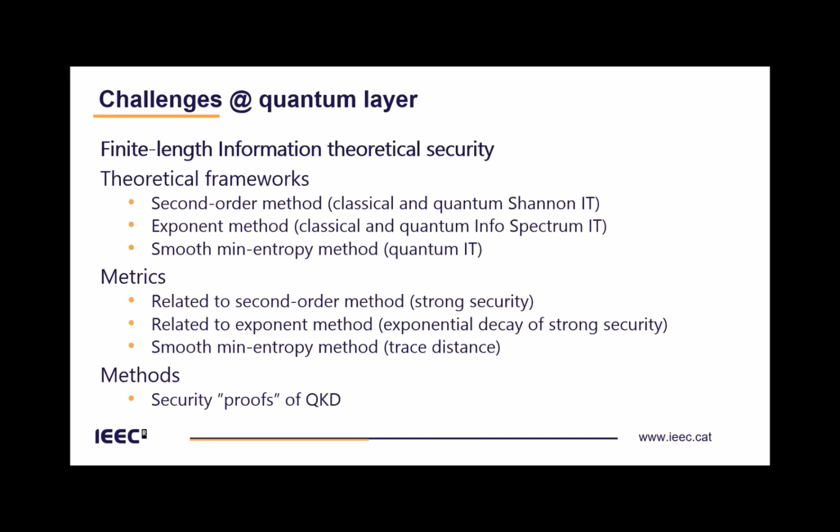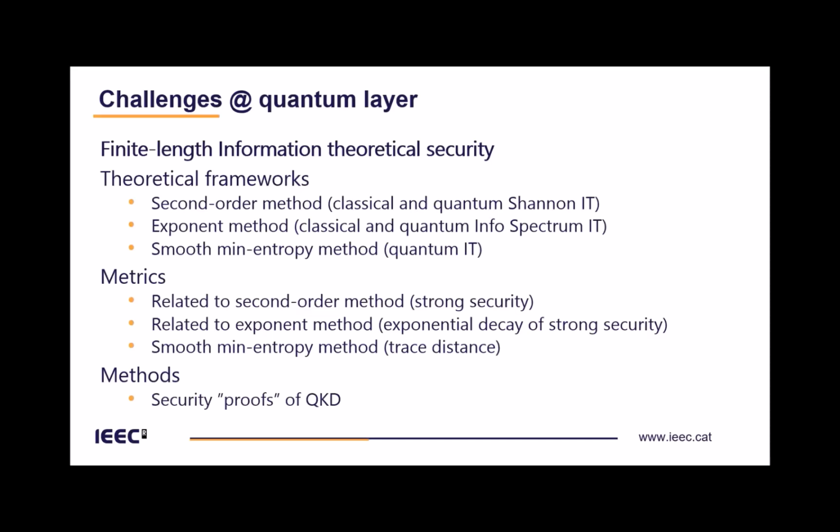And then not only do you have the theoretical frameworks, but within each theoretical framework, you have different security metrics. For example, the ones related to the second order method, for example, strong security, and the ones related to the exponent method, which is the exponential decay of strong security, which is my favorite one, because each of us has a favorite. For me, this is because I see everything logically well deduced. I can prove this, what is the meaning of that, okay?